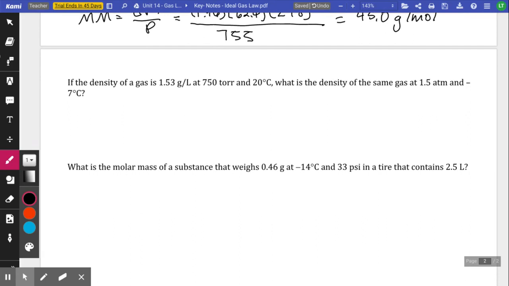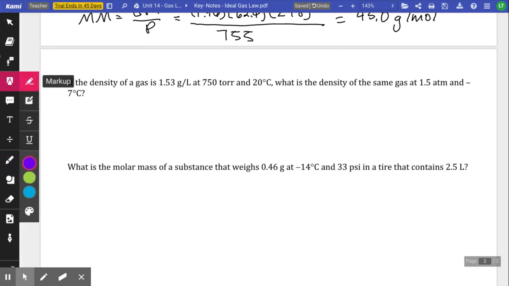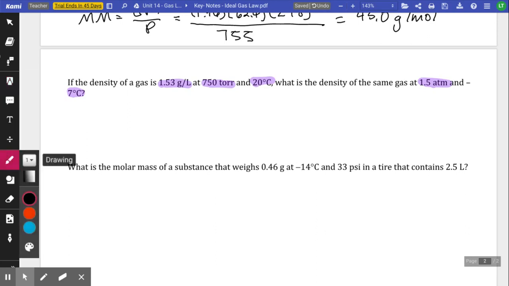So this first one says, if the density of a gas is 1.53 grams per liter at 750 torr and 20 degrees Celsius, what is the density of the same gas at 1.5 atmospheres and 7 degrees Celsius? Okay, so we actually do have two sets of variables here.